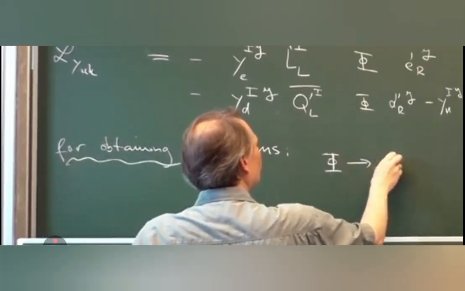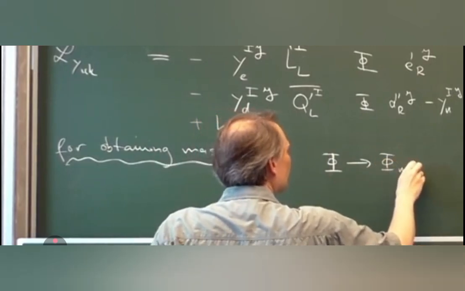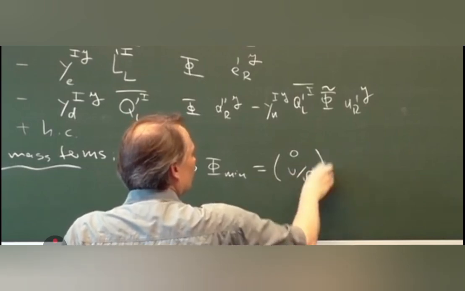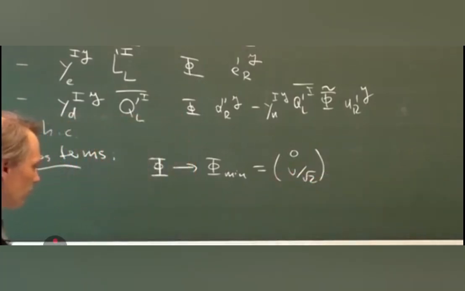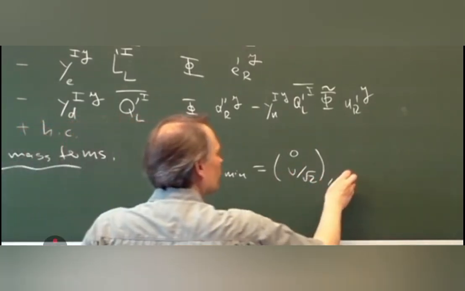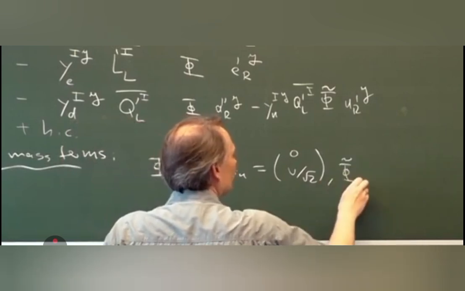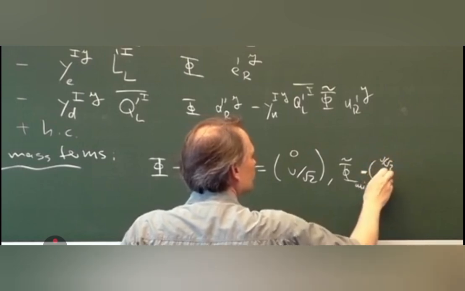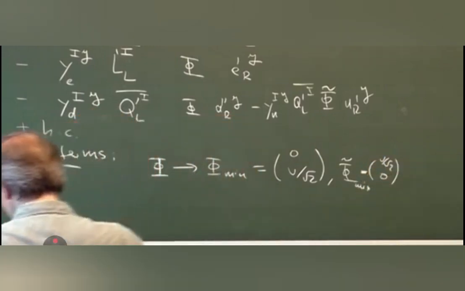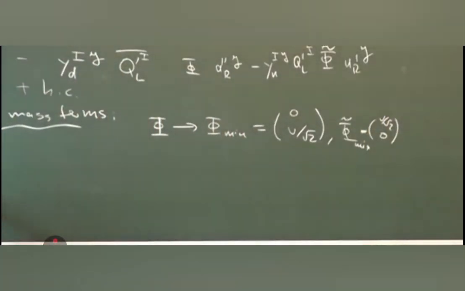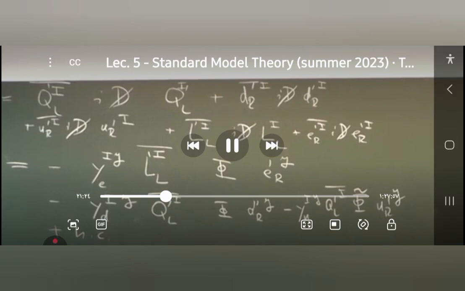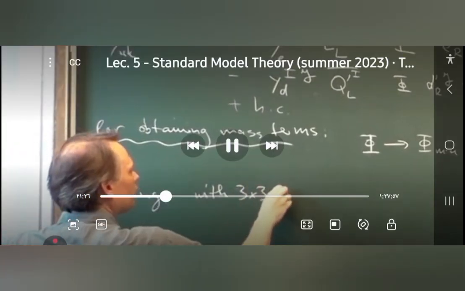Phi becomes phi minimum, for which we choose the same as before, namely v over square root of 2 in the lower component. And this tilde field is the opposite. And then we need to deal with these 3x3 matrices.